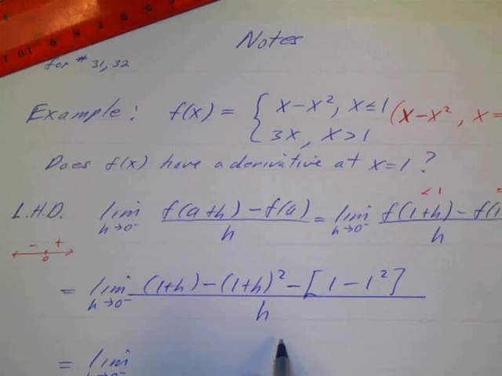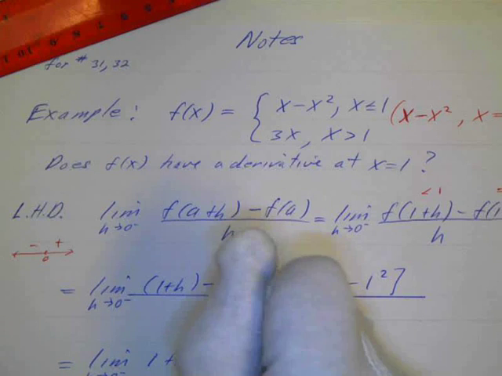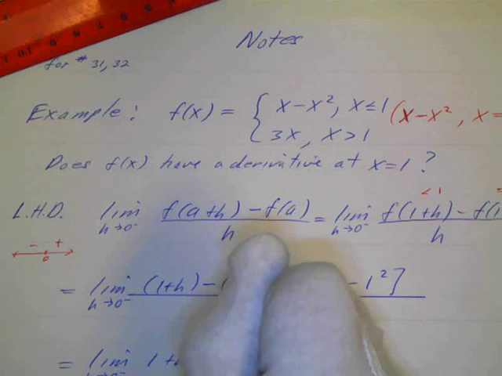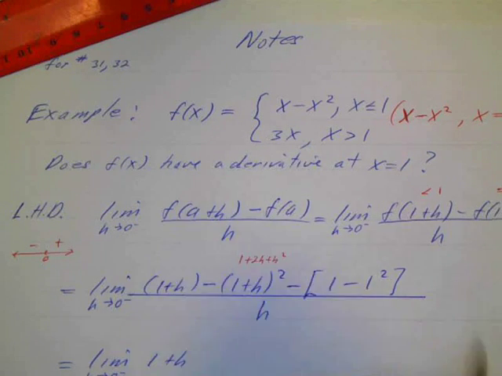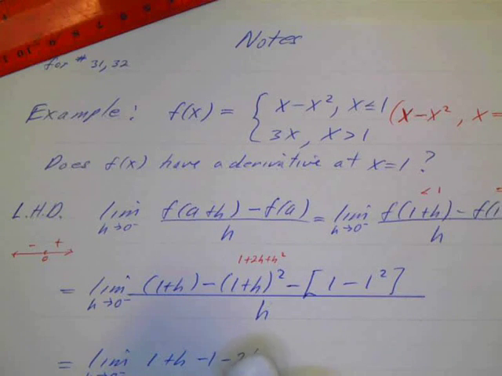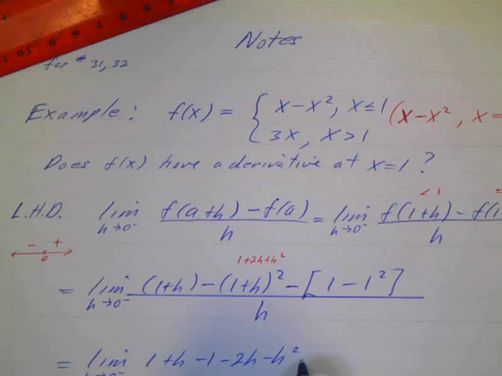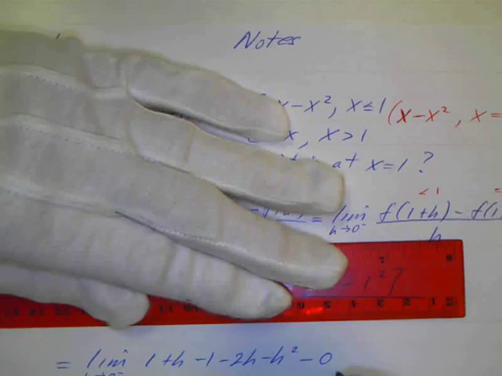Okay, and this is going to be 1 plus h, and then if I square this out, and I can maybe do it over here just to save some time, if I square this, it's going to be 1 plus 2h plus h squared, right? If I square that. And then if I precede it by a negative sign, it's going to be negative 1, negative 2h, negative h squared. All right? And over here, this is going to be minus, and then 1 minus 1 squared is 0, so that's nice.